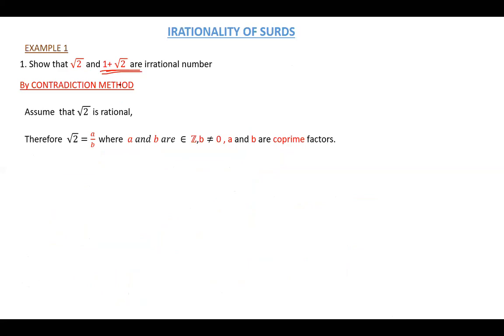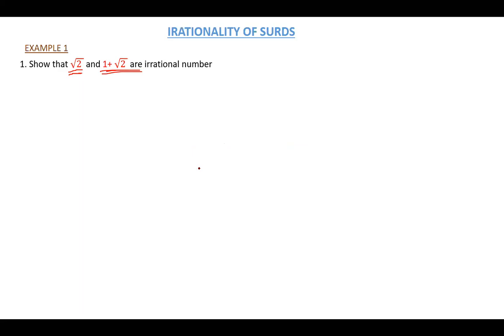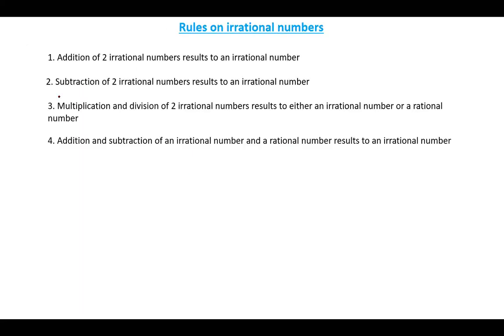Since we have already shown that the root of 2 is an irrational number, and according to the 4 rules here, the last rule says that addition and subtraction of an irrational number and a rational number results into an irrational number.